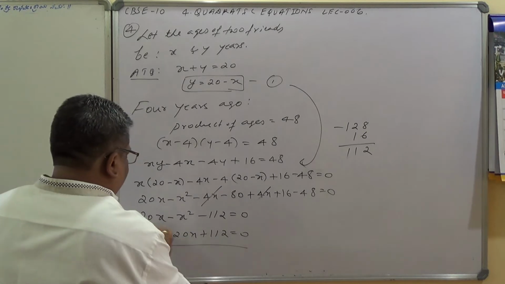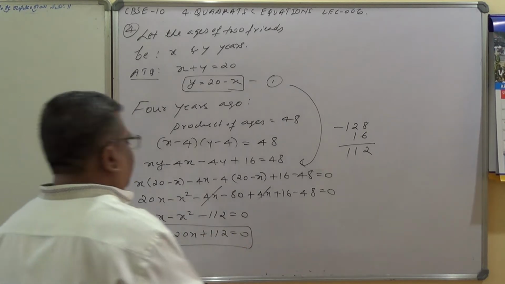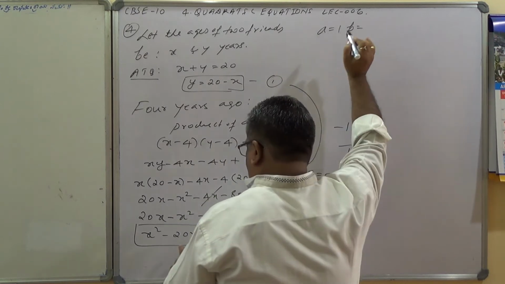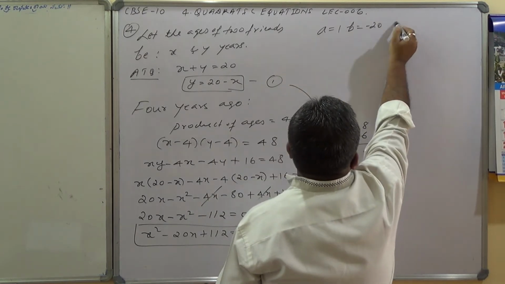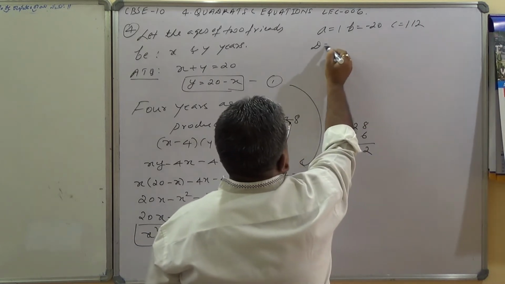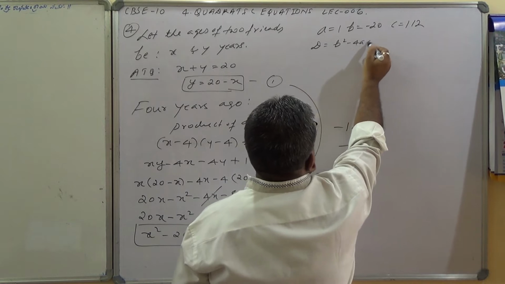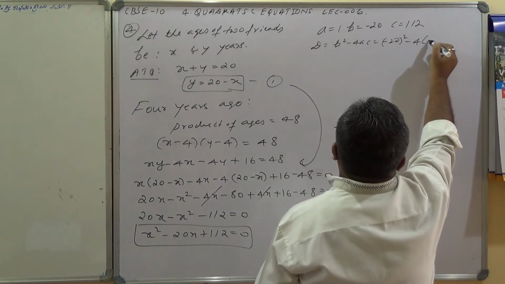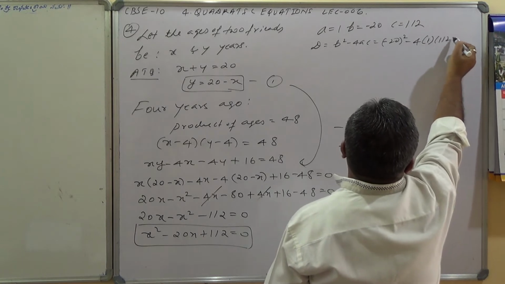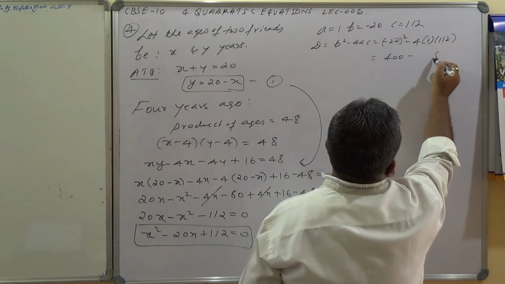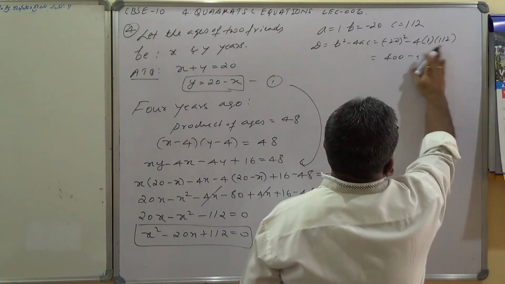Now, is the situation possible is the question. So, let me write once again over here. a equals 1, b equals minus 20 and c equals 112. So, d equals b square minus 4ac equals minus 20 the whole square minus 4 times 1 times 112, which is 400 minus 448.